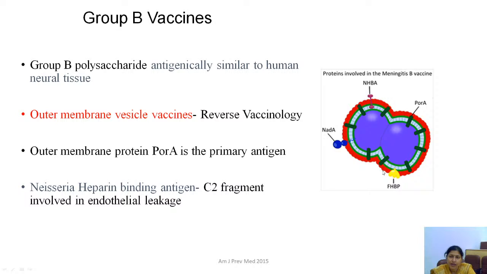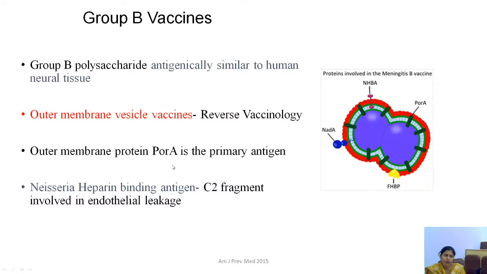You have to identify each and every component of the bacteria, and from the reverse direction, from the components, you find out which components are eligible to produce an immune response. Suppose in the beginning you have 100 components and gradually you narrow down to 2 to 3 ideal components which can be introduced as a vaccine, which are potent candidates to cause an immune response. This is known as reverse vaccinology because you are starting from the bacteria and ending in the immune response.